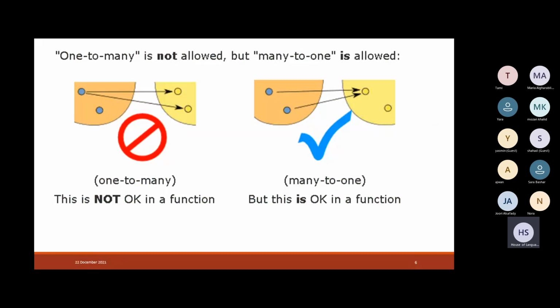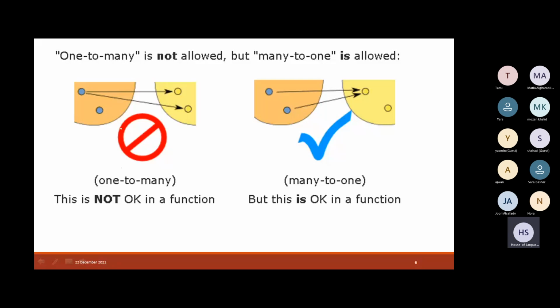If you have one point corresponding with two outputs, I mean one to many, this is not a function. This is a relation, but it's not a function. One to many: as I put 1, but I get two answers. This is wrong. I told you a function is every input has only one relation with the output.